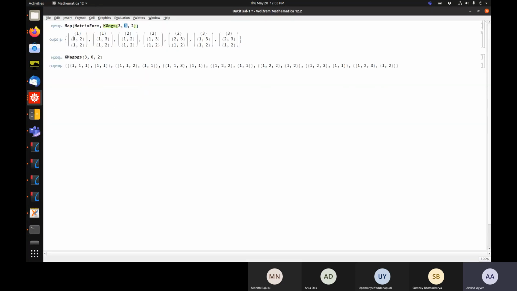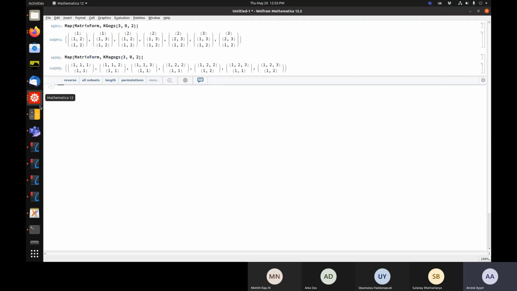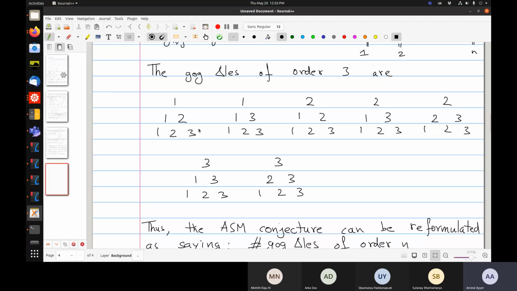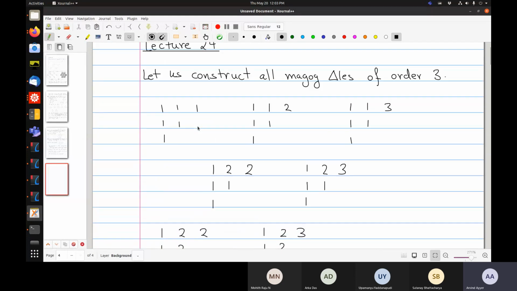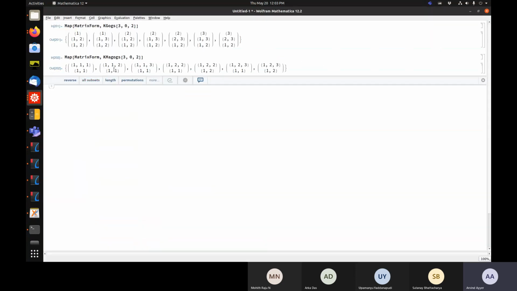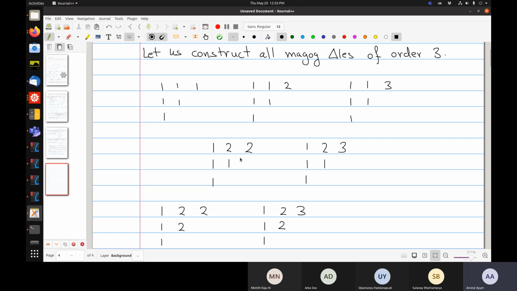So the bottom is always 1 2, and then the top is arranged this way. The 3-2 magog triangles are these ones: all ones, then a 2, then a 3, and 2 2 3.